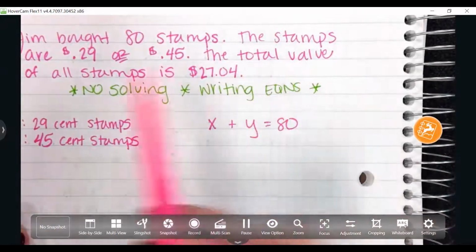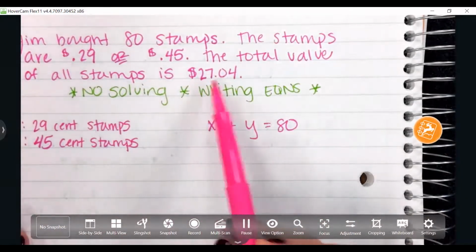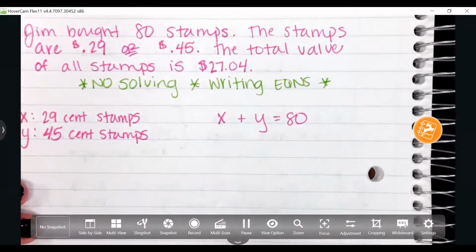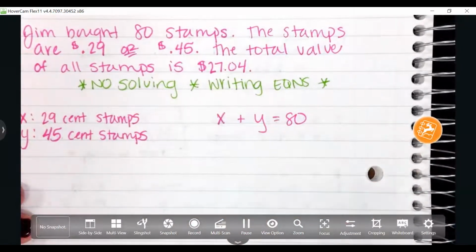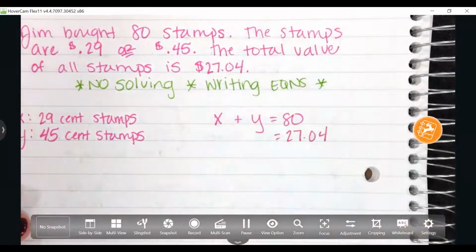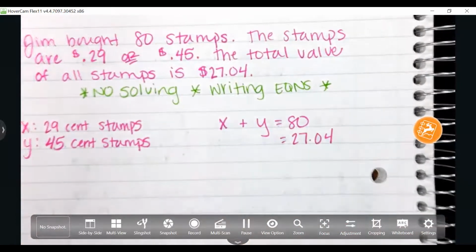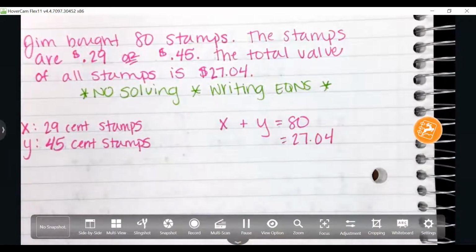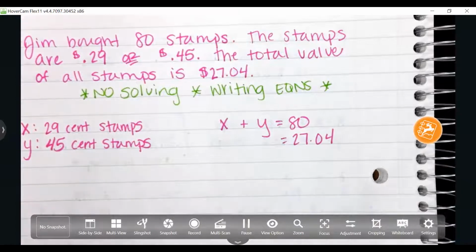The total value of stamps is $27.04. Is that a part or a total? That's a total, $27.04. What has to equal $27.04? X and Y. The price of my stamps.